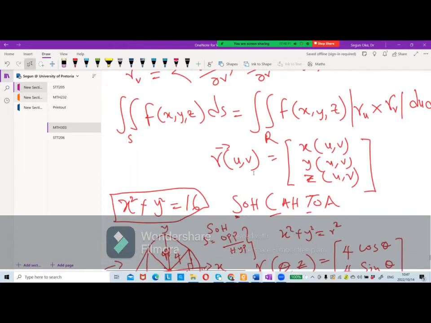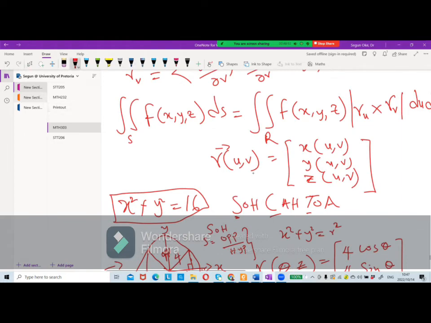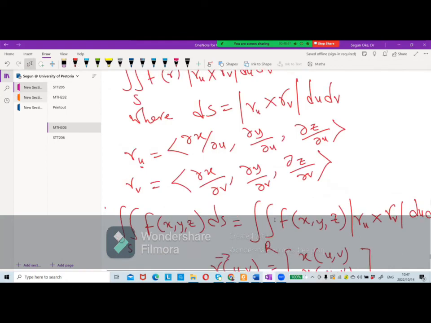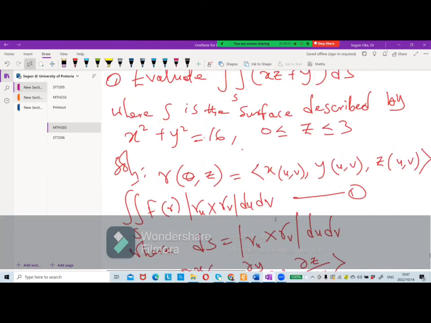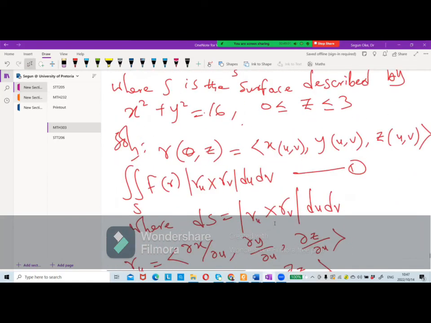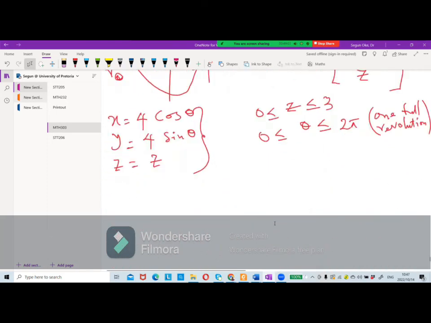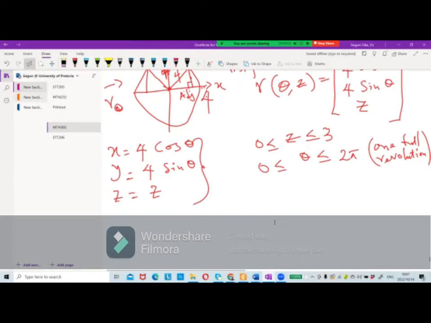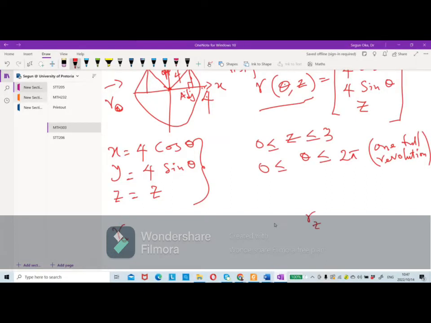Remember, I use this just as an illustration to tell us what is expected of us. But now the major thing we need to do is to differentiate partially. You differentiate with respect to theta and you differentiate with respect to Z.